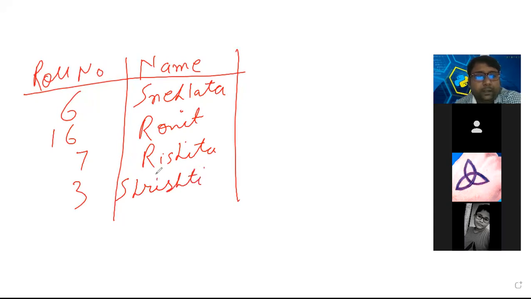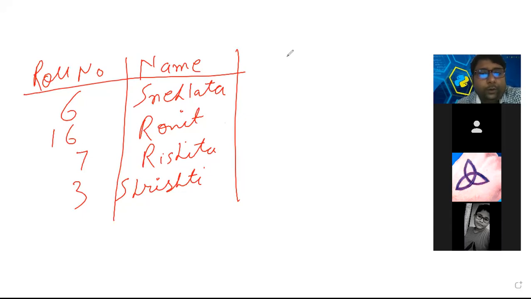I have the student names like this in my register. But you can observe that when teachers give you the class test marks, they are in an ordered list in the ascending order of roll number. Why? Because it is easy to find your data. Am I right? Yes, sir. So it is good to have the data in some ordered list.